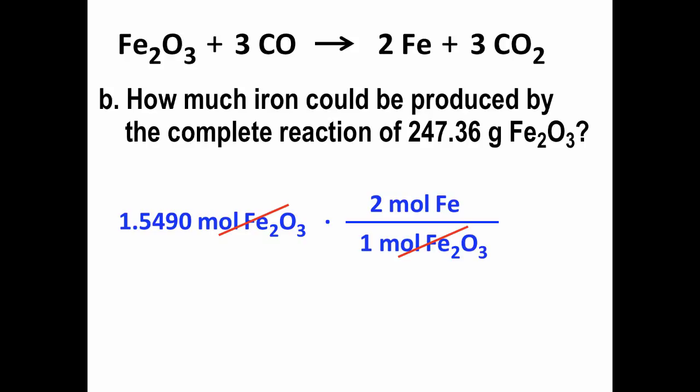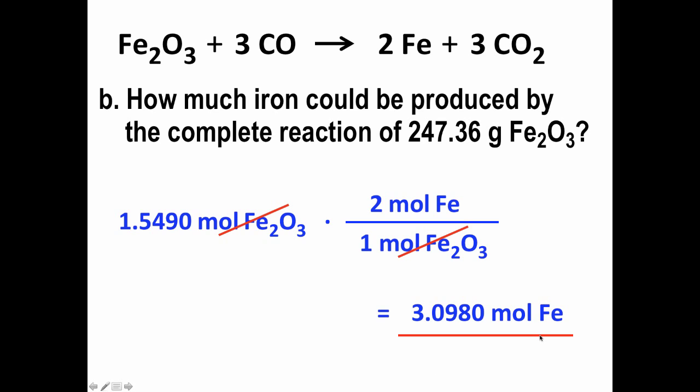We set up our conversion to cancel out the moles of Fe2O3 that we started with to get us moles of Fe, which is what we want, and that turns out to be 3.0980 moles of Fe. And if the question truly was just how much iron could be produced, we could stop here because this is a perfectly good amount of iron.